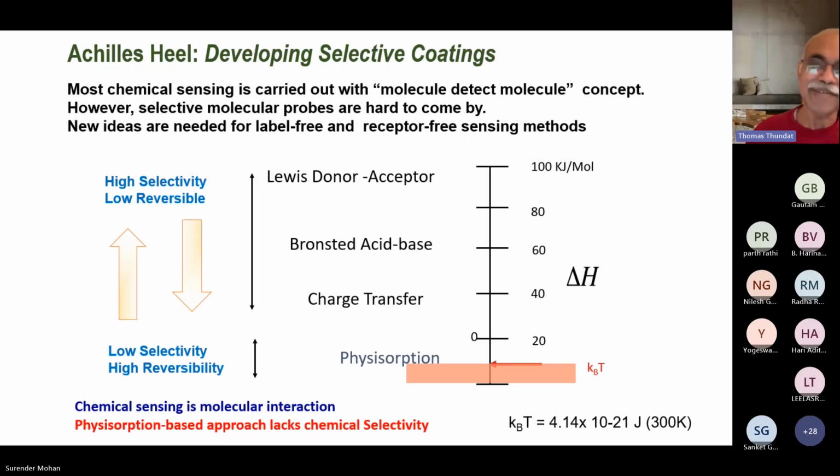Physisorption is basically van der Waals interaction or hydrogen bonding, because of thermal energy kT, where k_B is the Boltzmann constant. For room temperature, kT energy will be around 4.14 times 10 to the power minus 21 joules. So that is a hydrogen bonding.